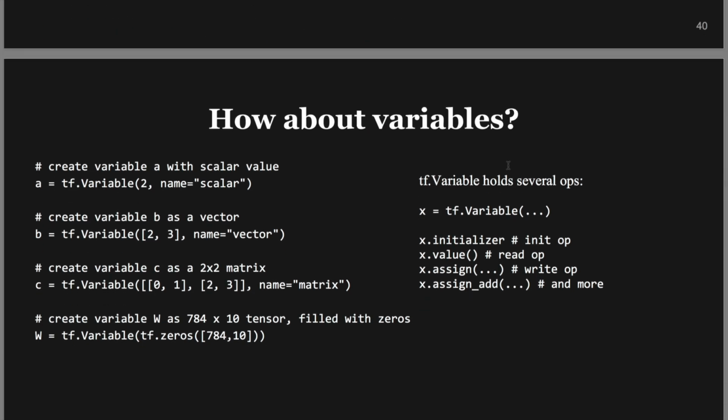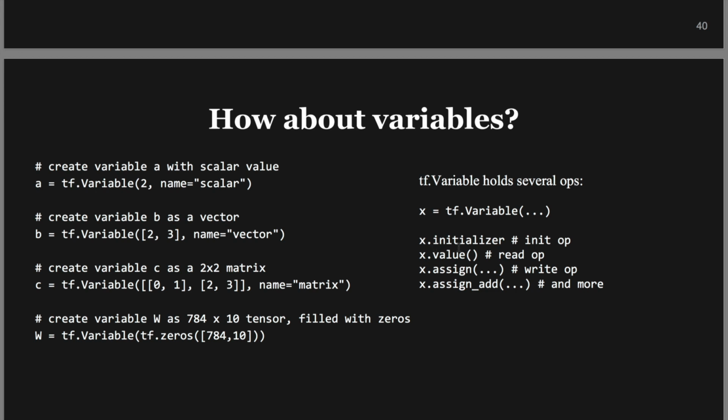So if you were to look at, let's say an example, x is equal to tf.Variable, can be whatever, let's say 5. Now, there are a bunch of ops that come pre-packaged with a tf.Variable.